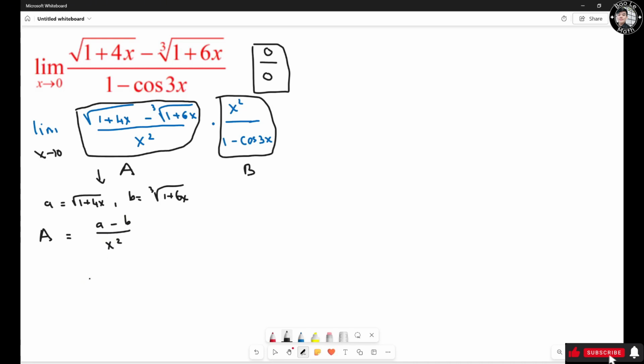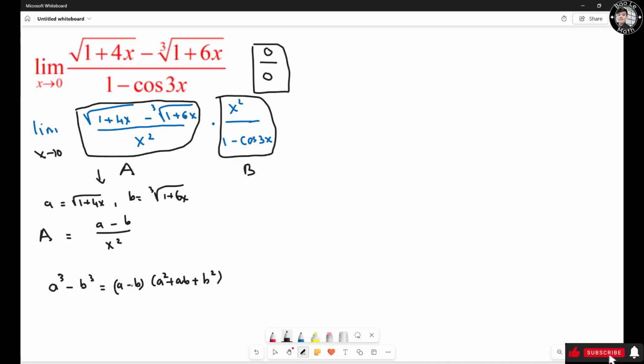Now, you know that the difference of 2 cubes, a cubed minus b cubed, equals a minus b times a squared plus ab plus b squared, right?